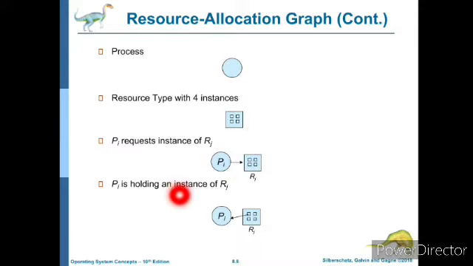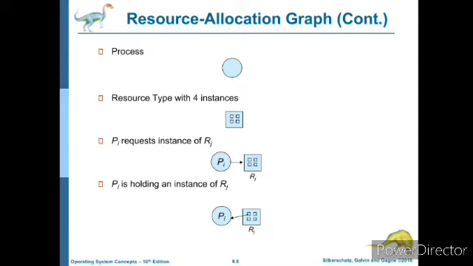In an assignment edge, when Pi is holding an instance of Rj, the process Pi is assigned one of the dots in the rectangle. In an assignment edge, one of the instances of Rj must be allocated to the process Pi.